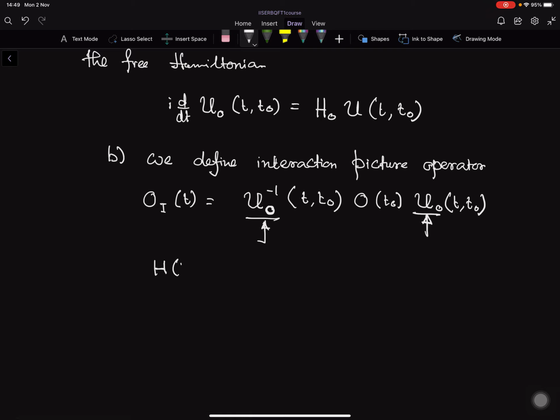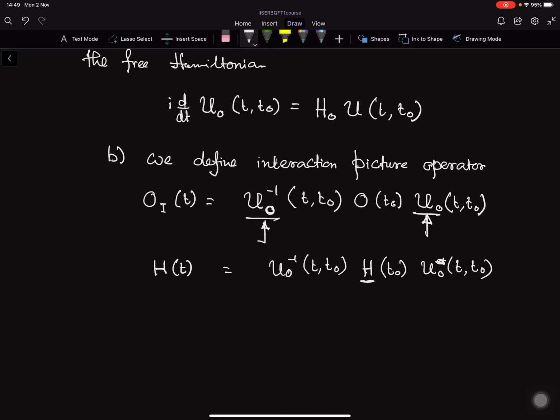What about our free Hamiltonian? So this is u0(t, t0) times the Hamiltonian at t0, times u0(t, t0).